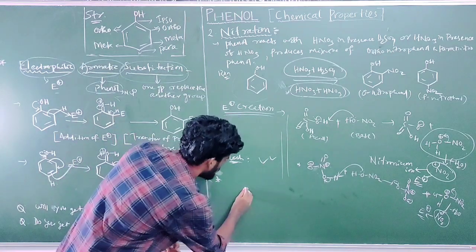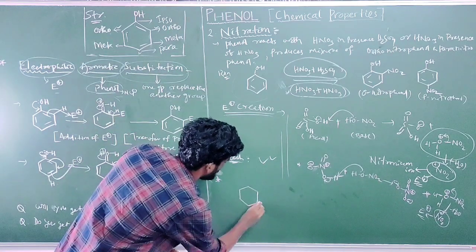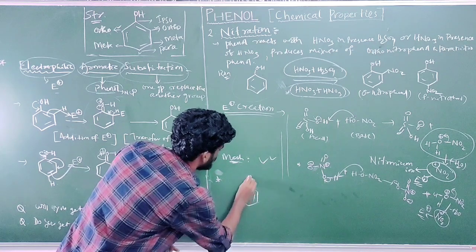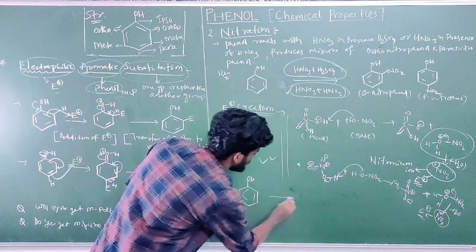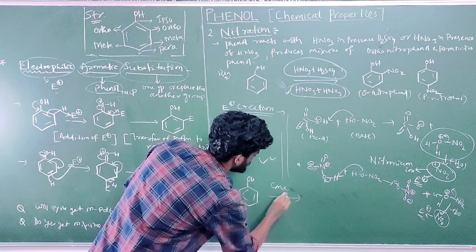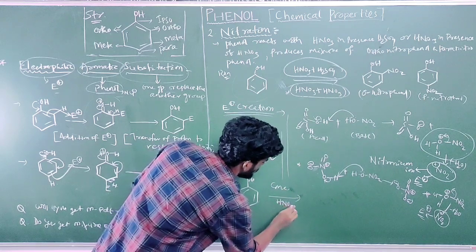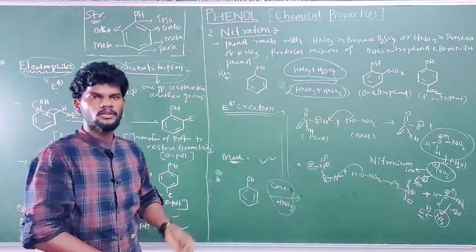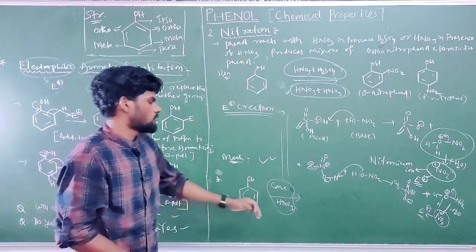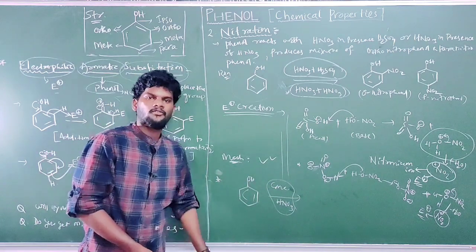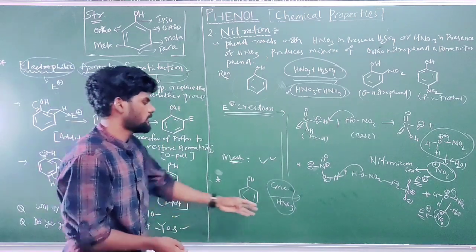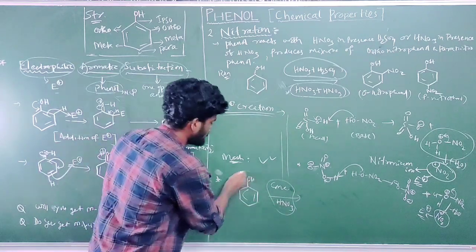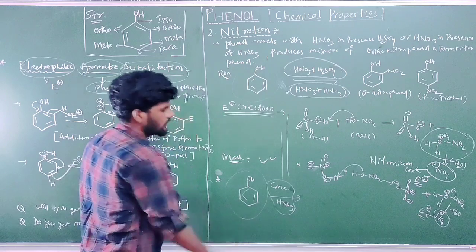So look at the structure. This is phenol. In case of concentrated HNO3, one HNO3 molecule mixed with another HNO3 molecule, and it will form NO2 plus as electrophile, and more number of NO2 plus will surround this phenol ring.